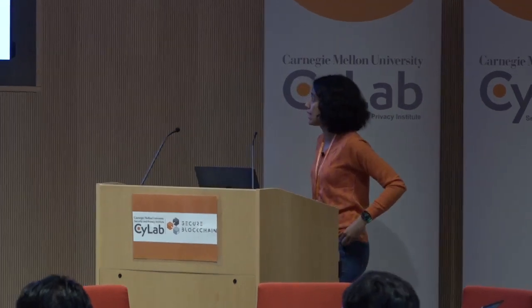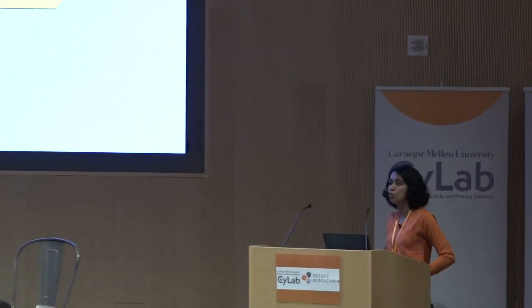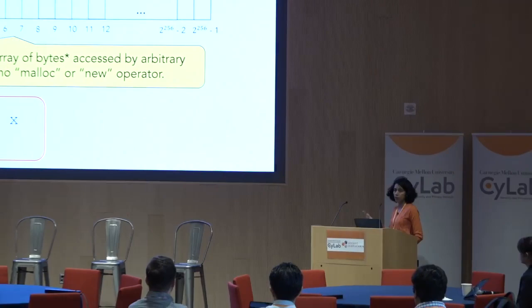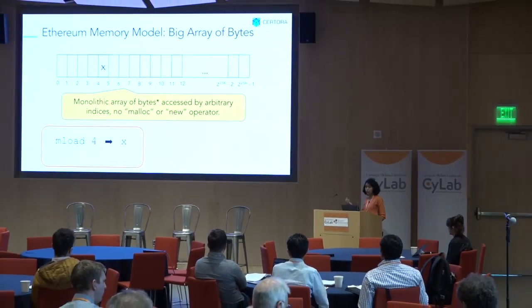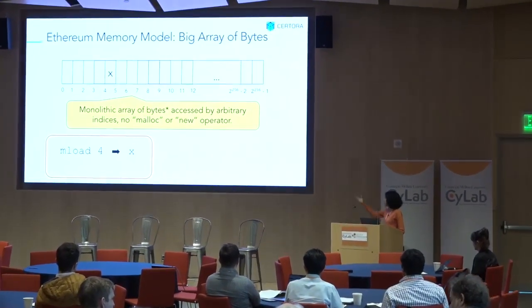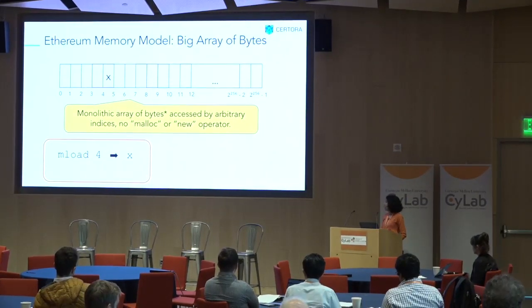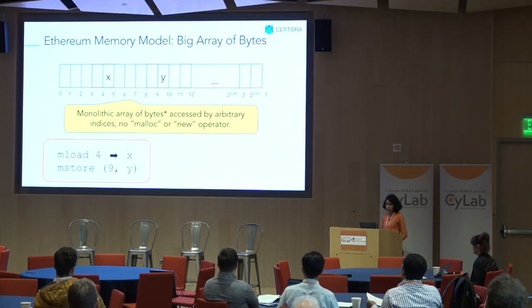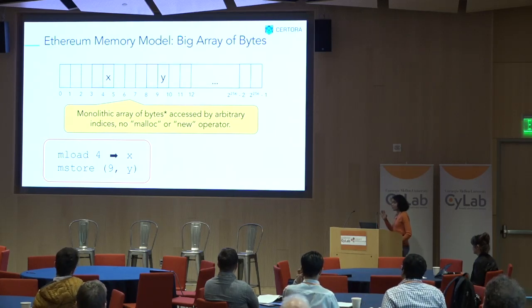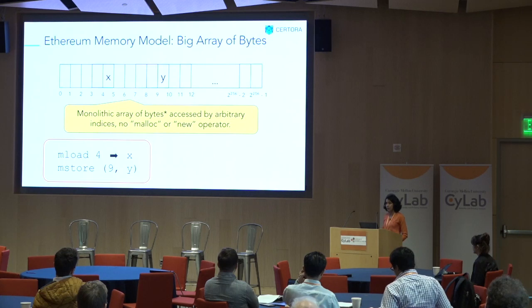To give you an example, there are two main operations. Let's say you want to load the value of some slot. In this case, I'm loading something from index 4, and you get X. Let's say you want to store the value of Y at index 9; you use the mstore operation. This is actually a bit of a simplification, because in practice it's more complicated.